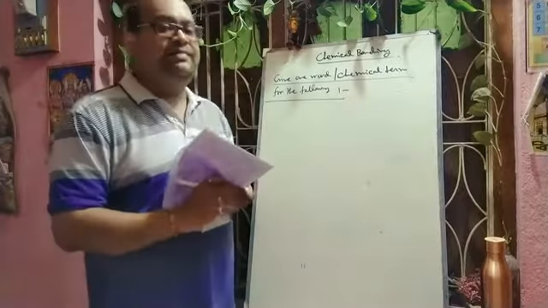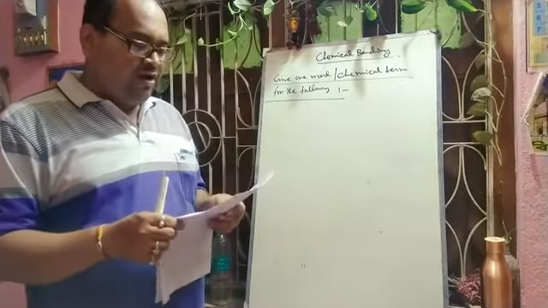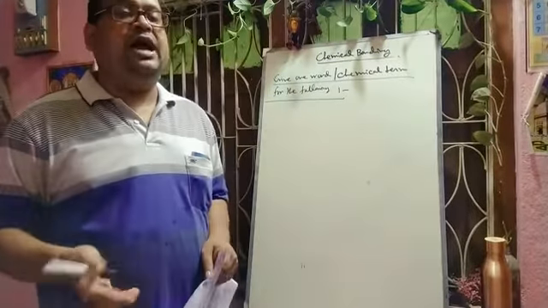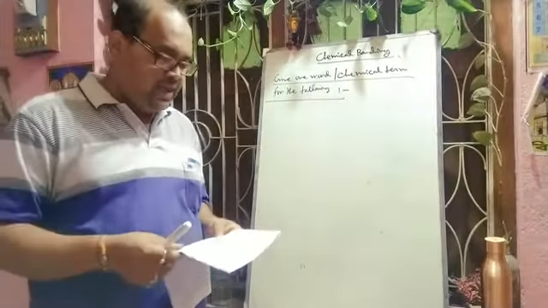First question is given: a bond formed by the transfer of electrons. All of you know that by transfer of electrons ionic bonds are formed. So your answer will be ionic bond.